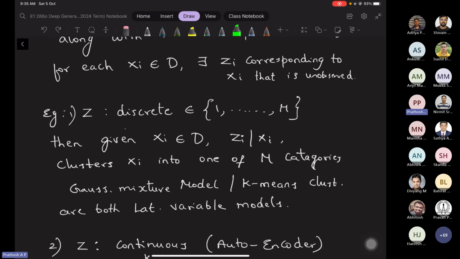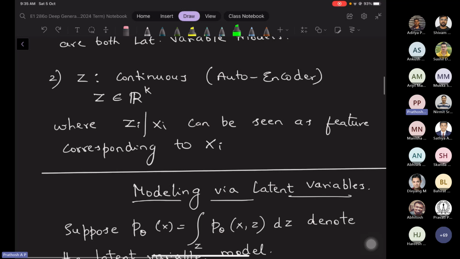The other example is a continuous latent variable, wherever you have an encoder-decoder model. It need not be an autoencoder. Any kind of encoder-decoder model is a latent variable model, with the output of the encoder seen as a feature or latent variable corresponding to xi.